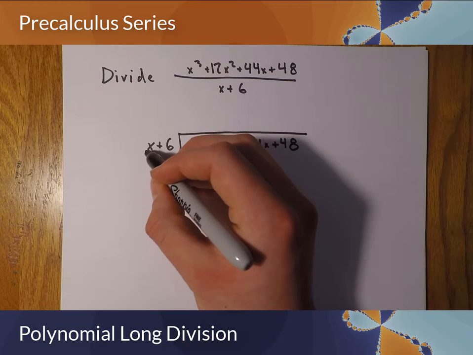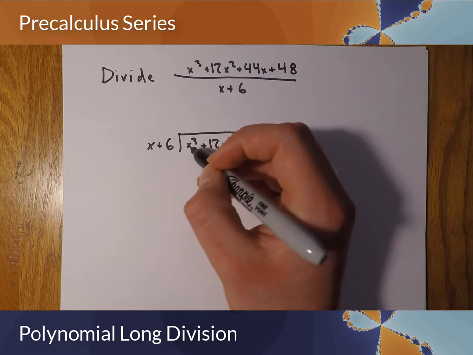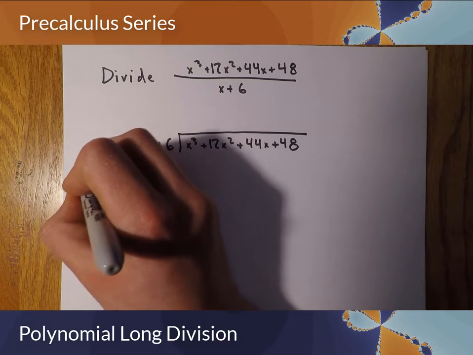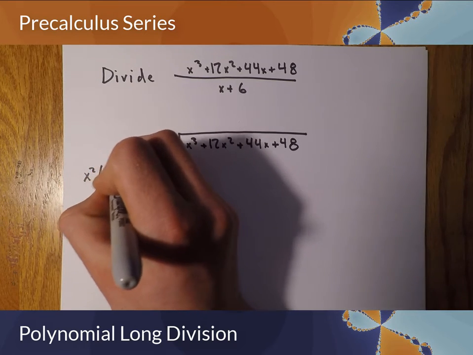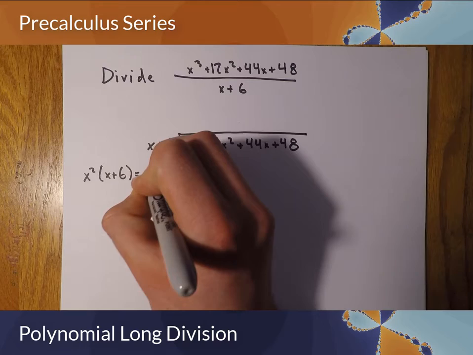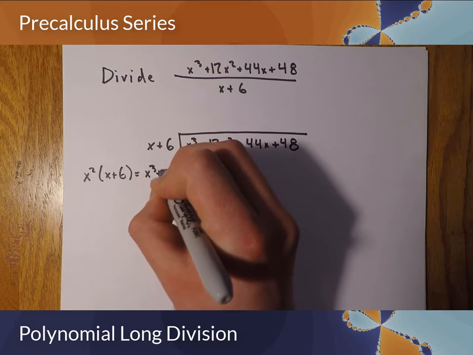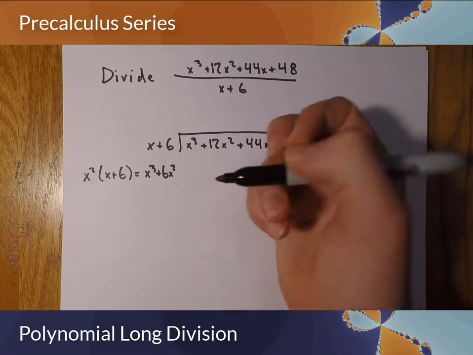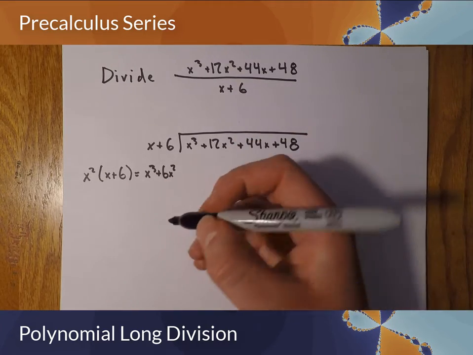So how many times can x fit into x cubed? Well, it can fit x squared times, right? Because x squared times x plus 6 equals x cubed plus 6x squared. And even though the second term doesn't match here, that's okay. We'll take care of it in the next go around.